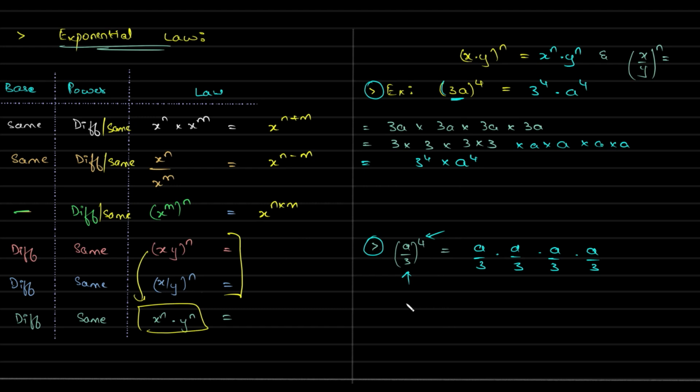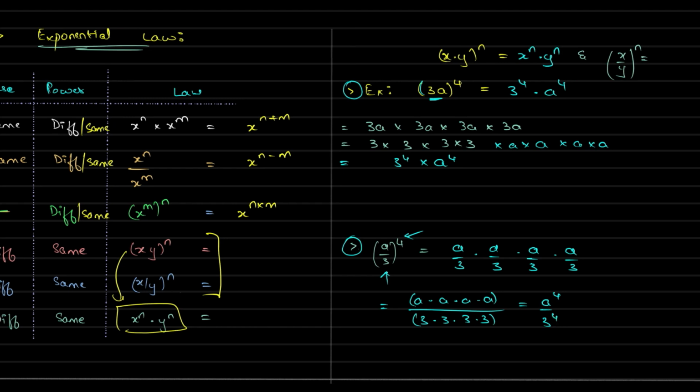So I can rewrite this as a into a into a into a divided by 3 into 3 into 3 into 3. So if you multiply a continuously 4 times, you will get a to the power of 4, and 3 getting continuously multiplied 4 times is 3 to the power of 4. And thus we have the formula x to the power of n by y to the power of n.